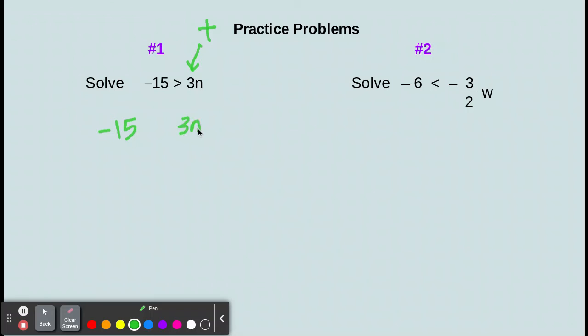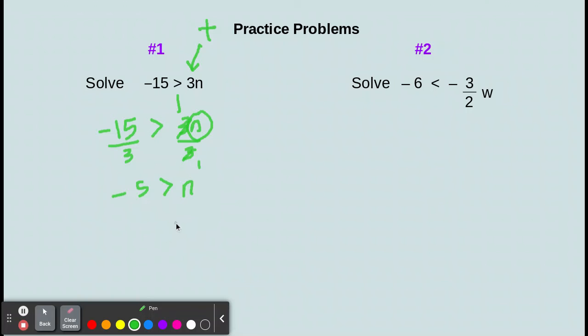3n, that's multiplication, so we need to divide both sides by 3. Negative 15 divided by 3 is negative 5. And 3 divided by 3 is a 1. So that isolates our n, right?